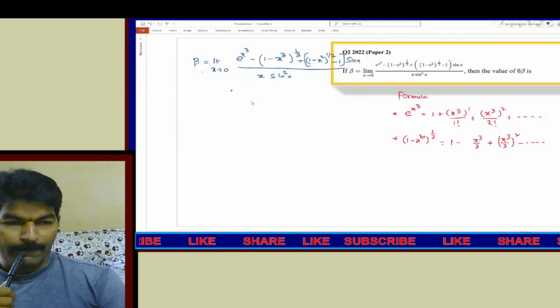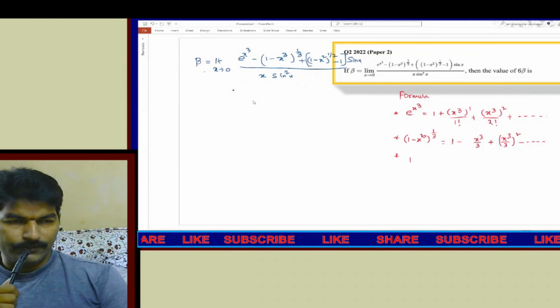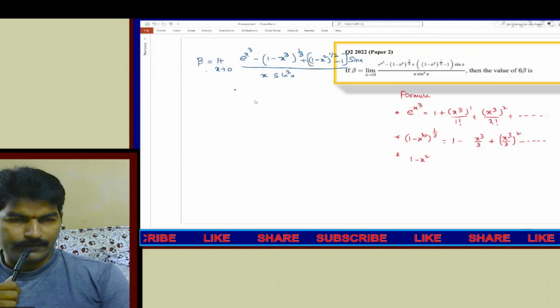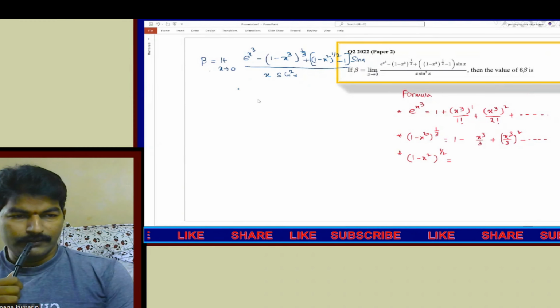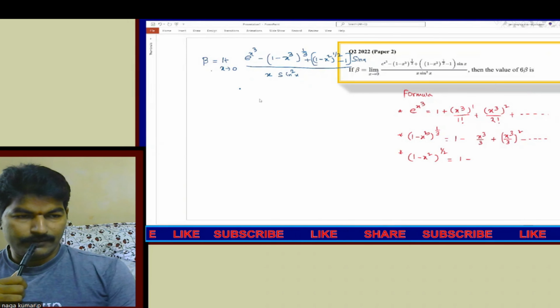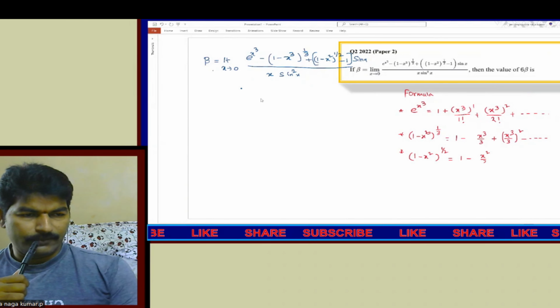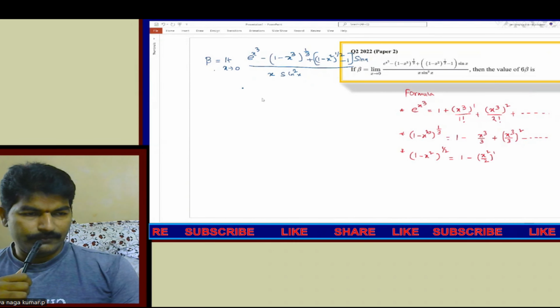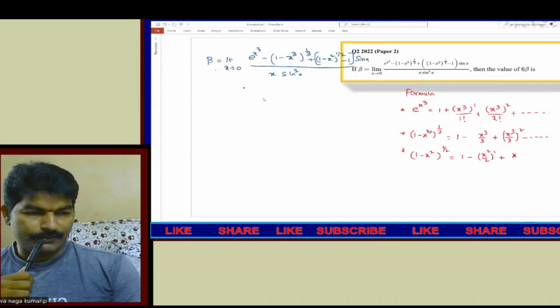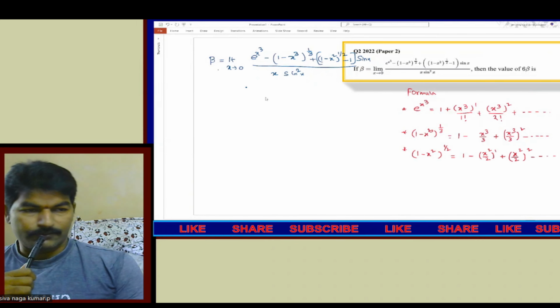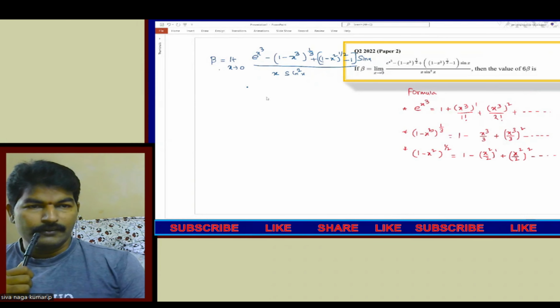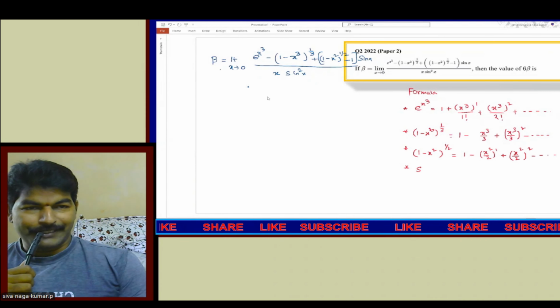And the third one, we should know 1 minus x square whole power 1 by 2. This is also a similar one, 1 minus x square by 2, next plus x square by 2 whole square, minus and so on. And also at last, sin x.